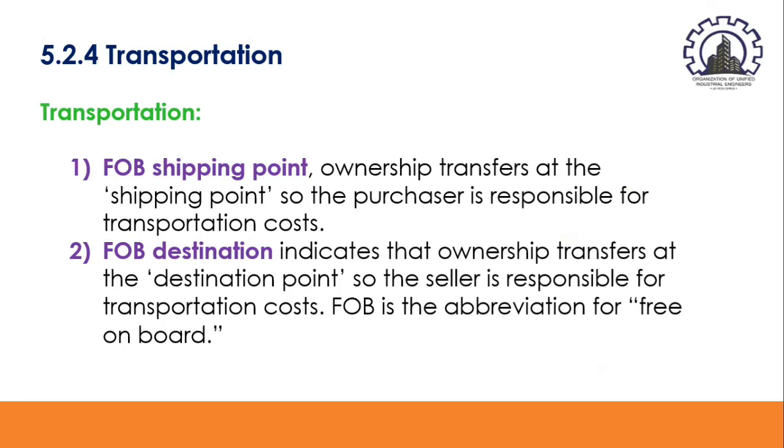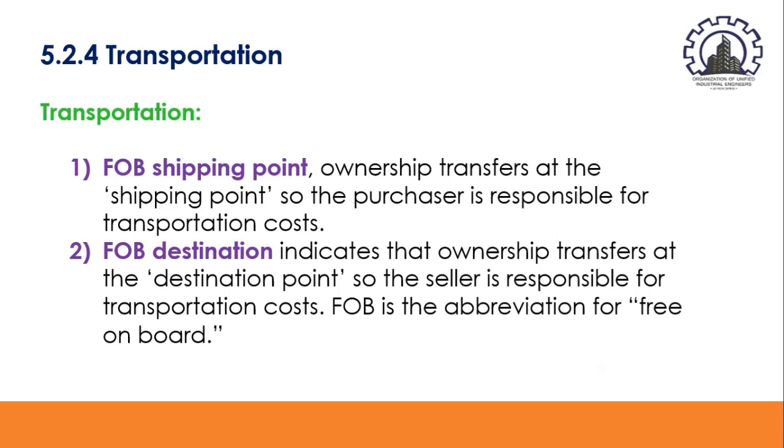So when the terms are transportation, there are two types that we need to get acquainted with. First, we have FOB shipping point, and we also have FOB destination point. Now, what's the difference between the two then? If we say FOB shipping point, ownership transfers at the shipping point, so the purchaser is responsible for transportation cost.